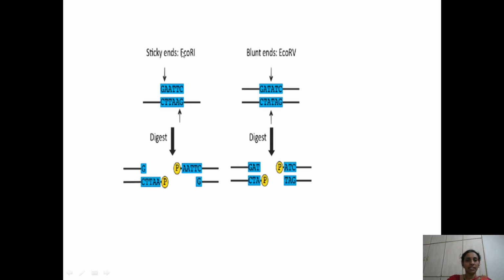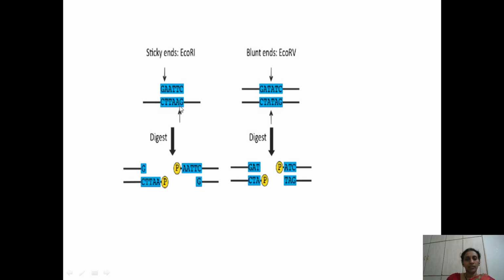Whereas in case of sticky ends, EcoR1 is the example of restriction enzyme which brings about cohesive or sticky ends in DNA. So this is the cleavage site. So this enzyme EcoR1 cleaves the DNA in between G and A, that is guanine and adenine.